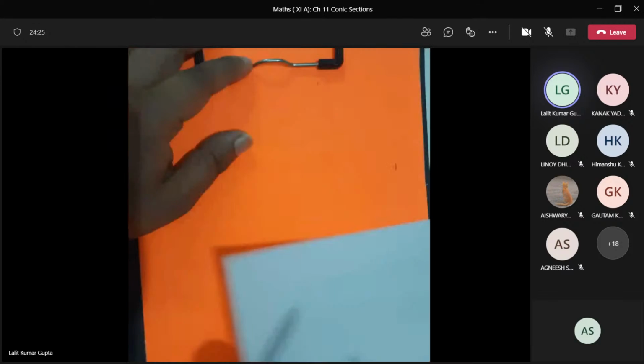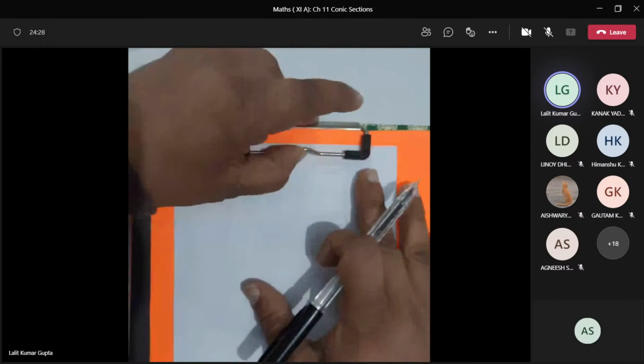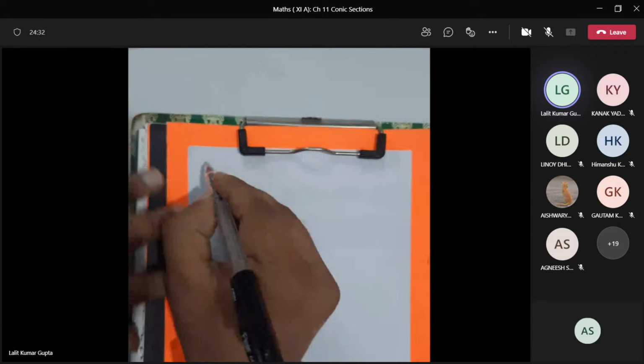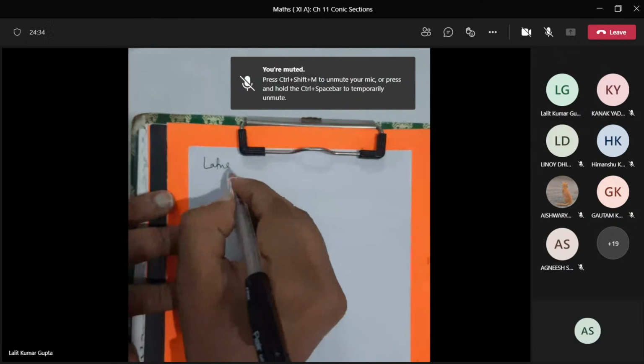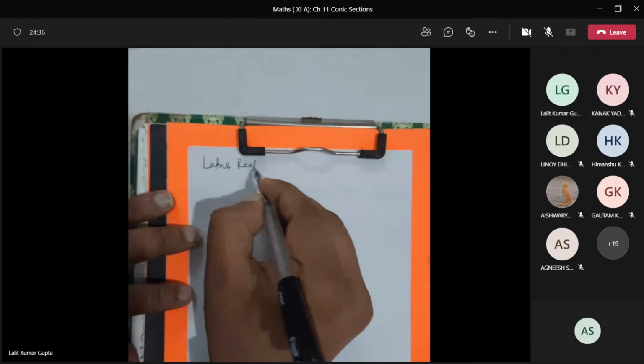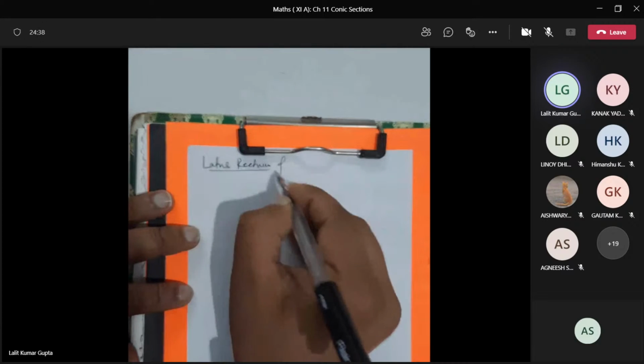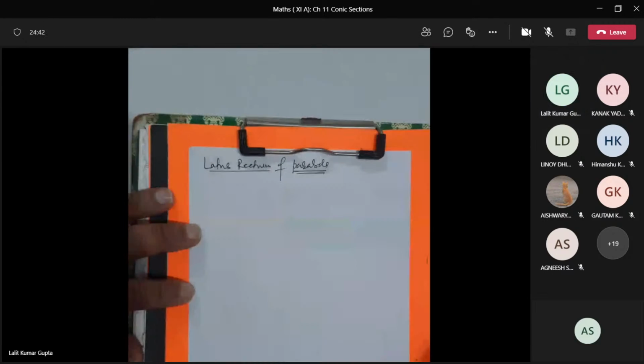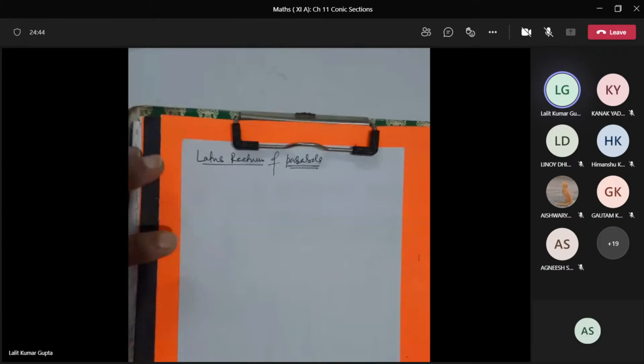Now the next point, beta, one more point in this topic, or we can say a concept, is the latus rectum of parabola. Latus rectum of parabola is what, beta?